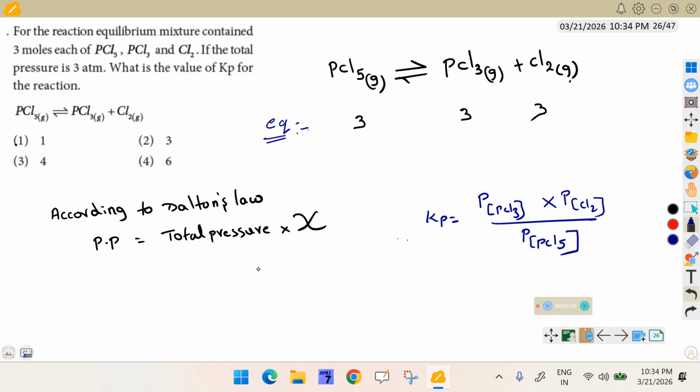Partial pressures are not given. Here total pressure is given. Total pressure is 3 atmosphere. First calculate the partial pressure of PCl5. Partial pressure of PCl5 is equal to total pressure 3 into mole fraction of PCl5. Mole fraction of PCl5 is the number of moles of PCl5 by total number of moles, 3 plus 3 plus 3, 9.